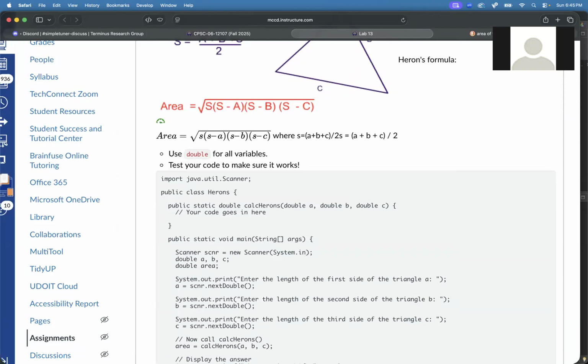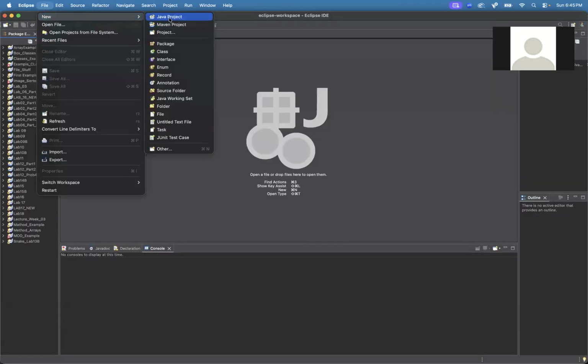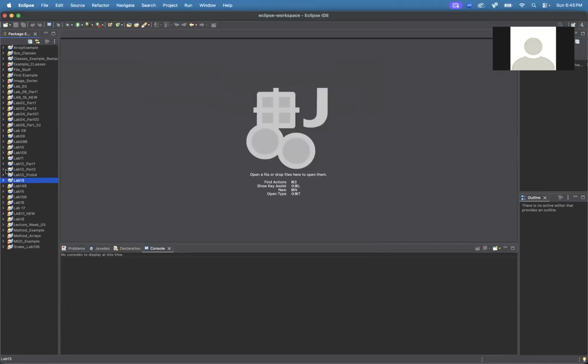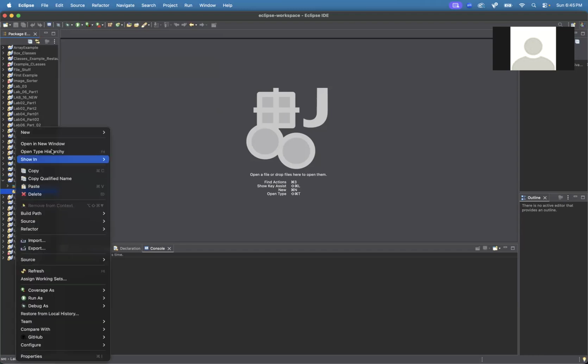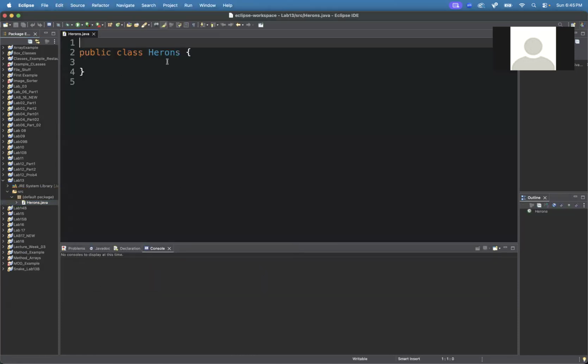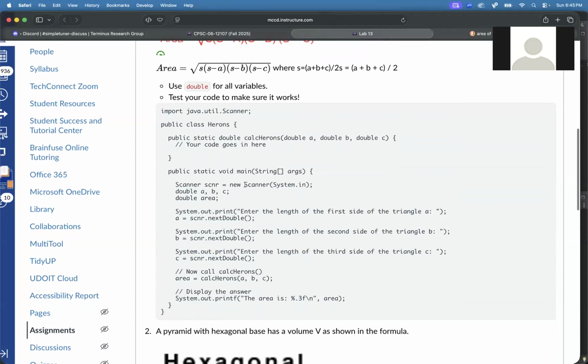So to do this, if we go to Eclipse, we can go File, New, Java Project. I'll call it Lab 13. When I create my class, I'll call it Herons, capital H, just so that it would match the one right here, because this is class Herons.